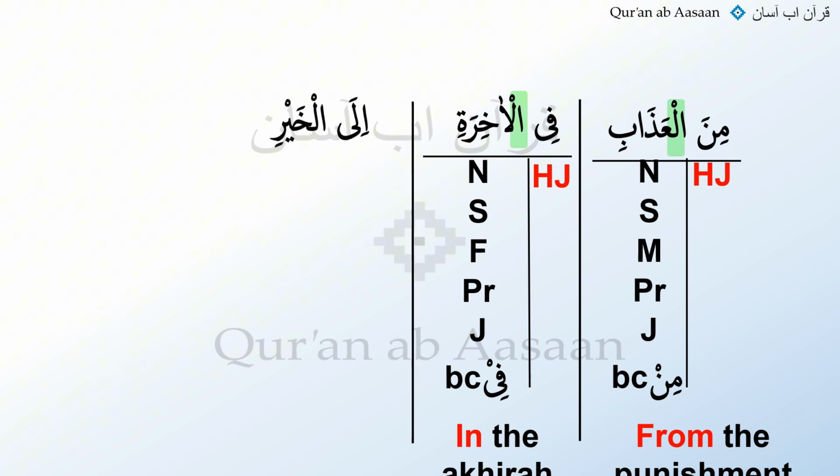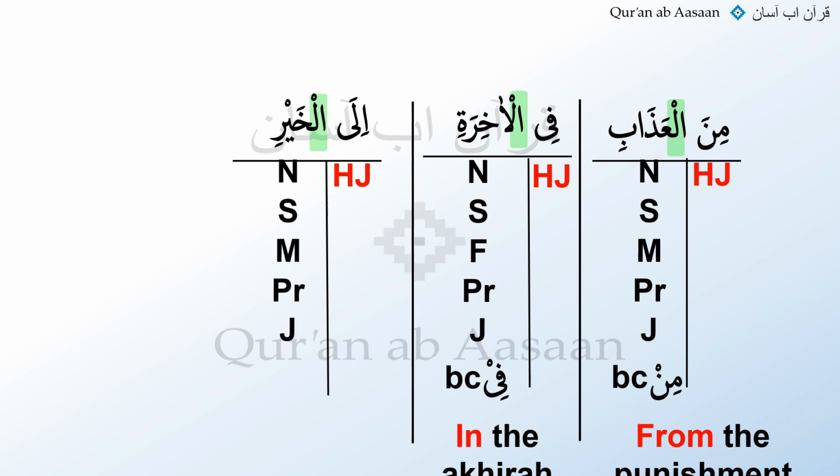Good. Another one. Ilal khairi. Color the al green. We should be very quick by now. Dissect it: ila. Ila harf jar. Al khairi. Noun. Singular. Male. Proper. Jar. Because of ila. Pay attention to how I am making sure that the harakas are complete and clear, okay?